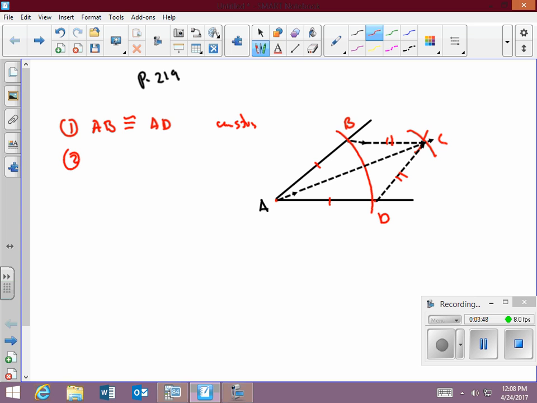Then BC is congruent to DC, and this is construction. And the third thing is AC is congruent to AC, and this is reflection.